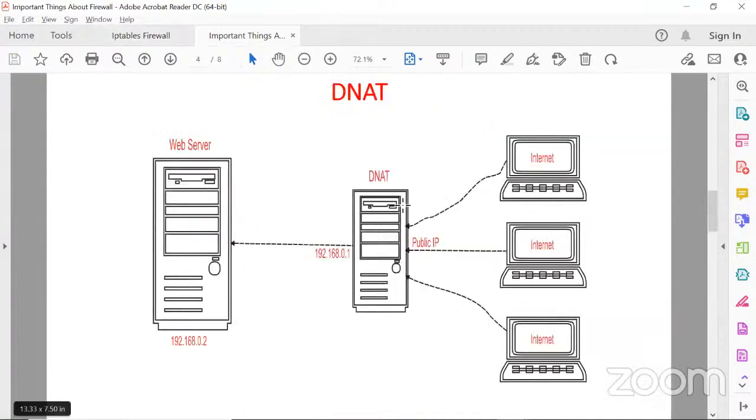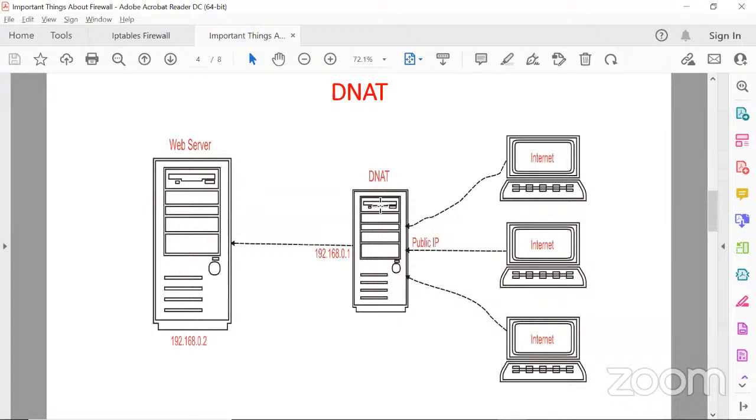So we attach one DNAT device. It will have one private address and one public address. What we advertise to the internet people is the public address. When the internet connects to the public address, this device sends the request to the internal server.